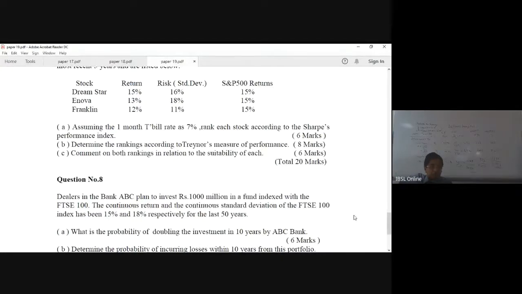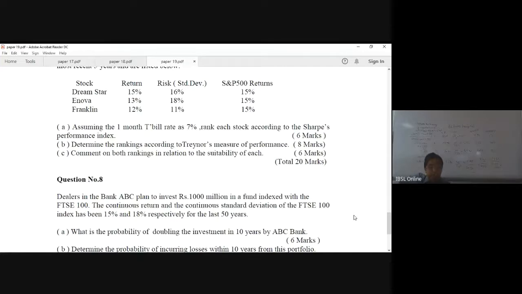So if you need to make a selection out of these three, you have to go by Sharpe's index for selection purposes, because if you go through the Treynor measure, there's no way of selecting, as all come in the same rank. That is one use of these two measures.